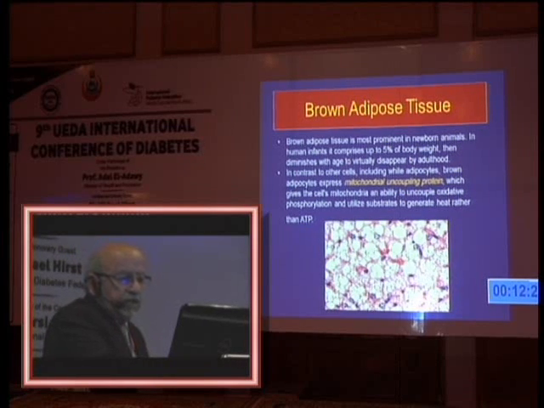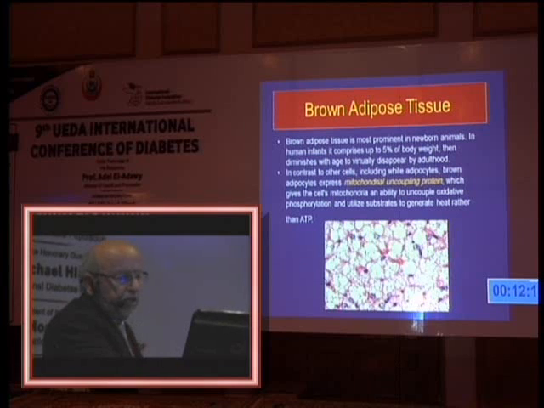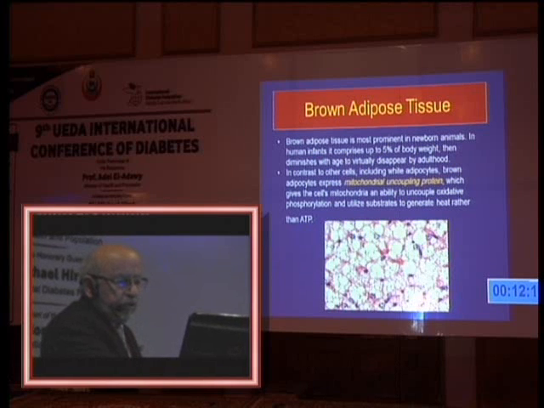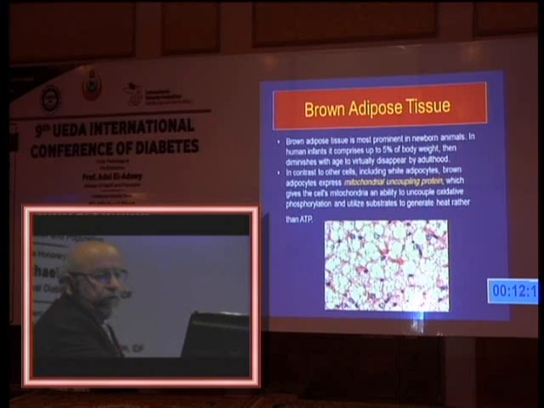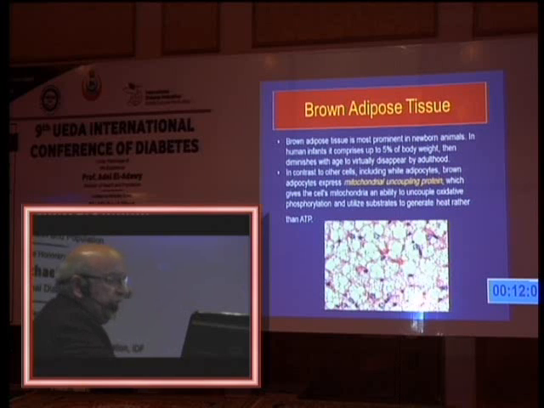In contrast to other cells, including white adipocytes, brown adipocytes express mitochondrial uncoupling protein, which gives the mitochondria the ability to uncouple oxidative phosphorylation and utilize substrates to generate heat rather than ATP. That is the importance of having brown adipose tissue in infants and hibernating animals, which cannot shiver to generate heat.